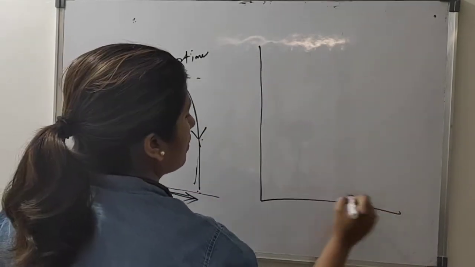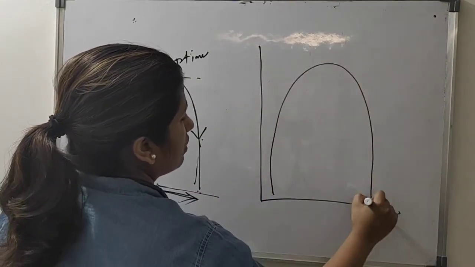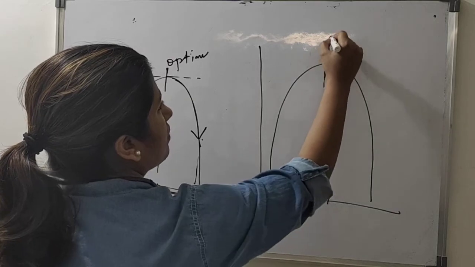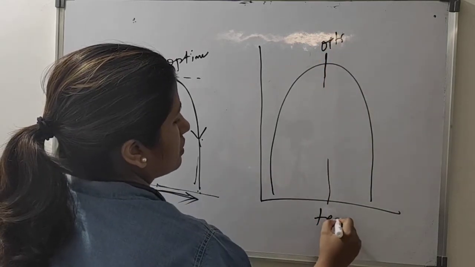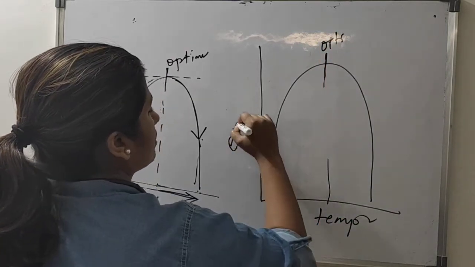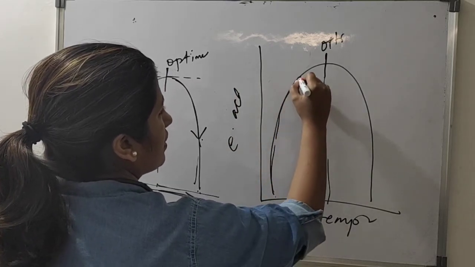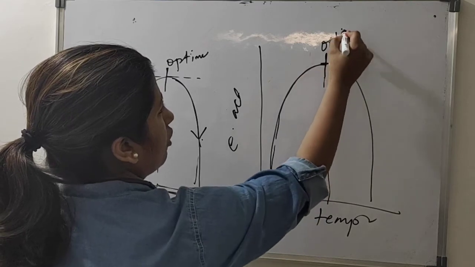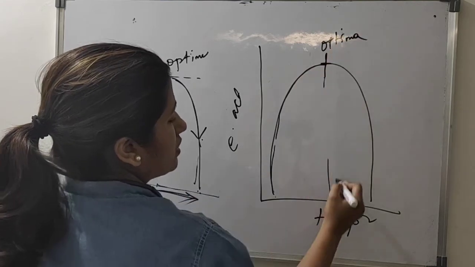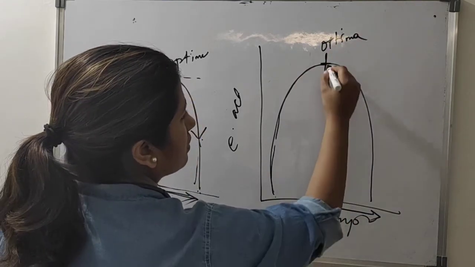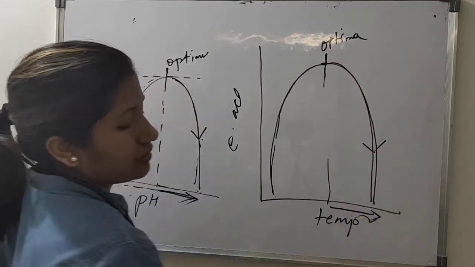The same way for temperature: the enzyme activity increases up to the optimum level. After that, if the temperature keeps on increasing, the enzyme activity will decrease.